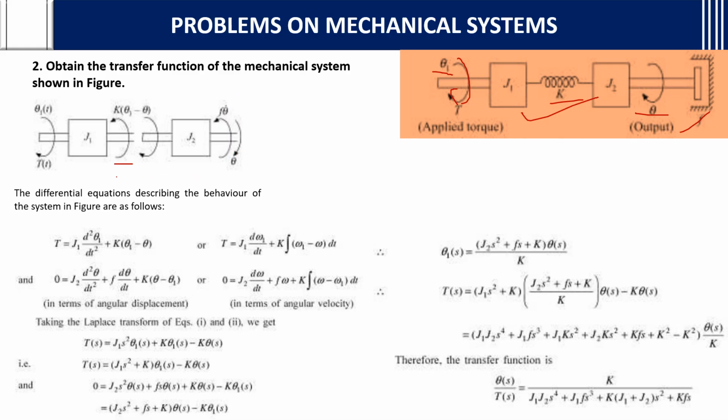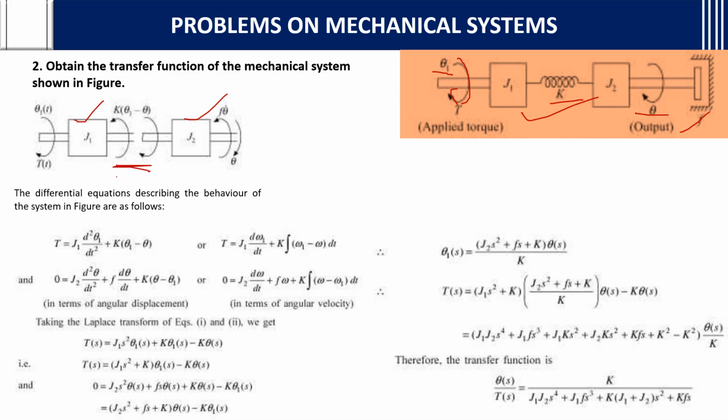Between both directions you should write the diagram, and K into theta 1 minus theta needs to be taken. Why? Because when you are considering J1 you will consider K into theta 1 minus theta, and while considering J2 you will consider theta minus theta 1. So we are taking both the directions here.